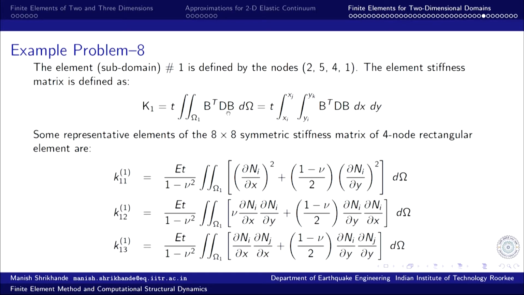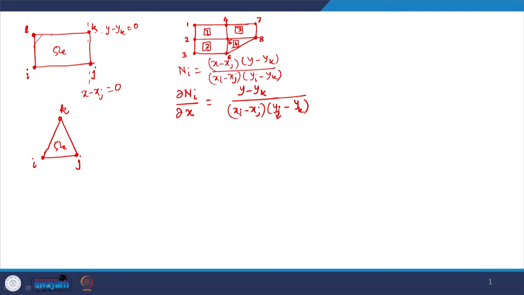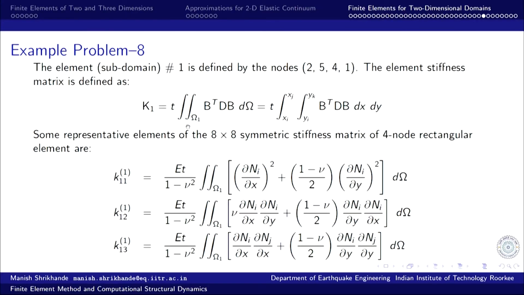The element domain is bounded by x ranging from xi to xj and y ranging from yj to yk. This is omega 1, ranging from xi to xj, yj to yk.